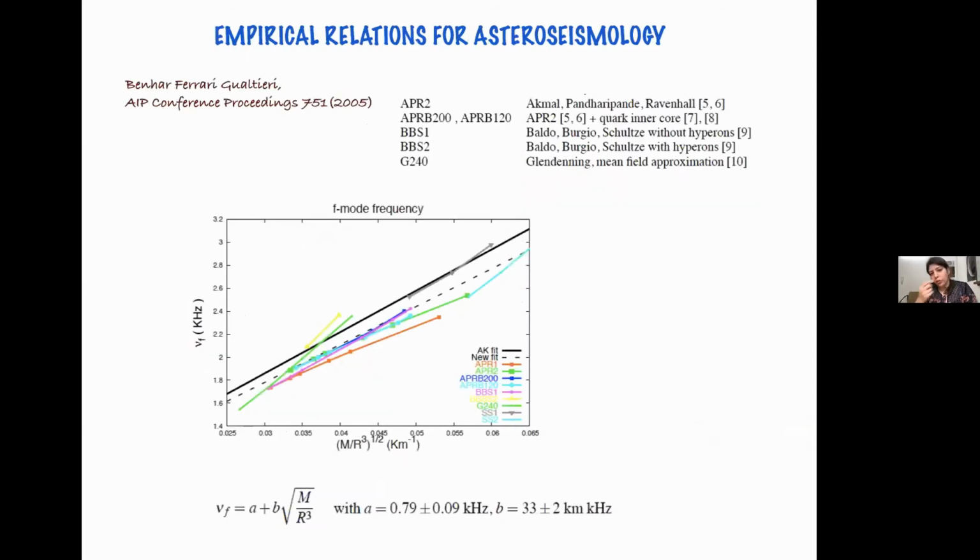And this was shown later again in 2005 by the group at the University of Rome. And they took into account other equations of state, some even with hyperons, microscopic equations of state, and so on. And they proposed a modification of the fit relation, as you can see from the figure.